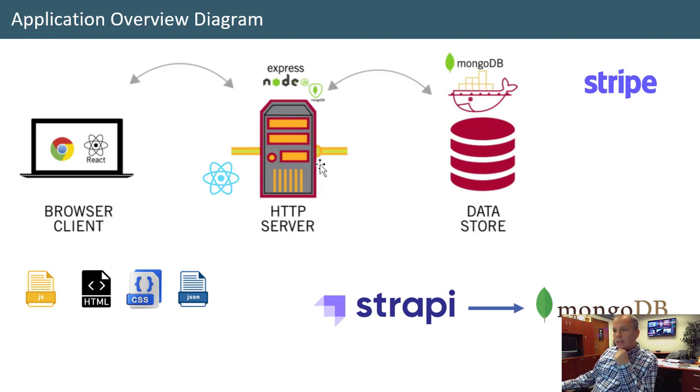Obviously one of the main parts is the APIs that we use in the JSON, or the API routes that we use in the JSON files.